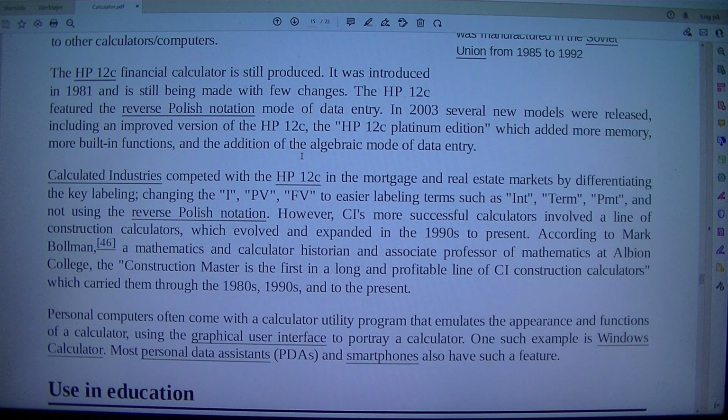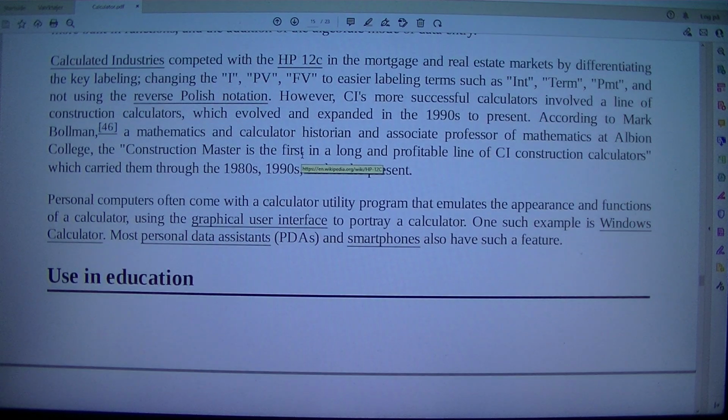Mode of data entry. Calculated Industries competed with the HP 12C in the mortgage and real estate markets by differentiating key labeling, changing the I, PV, FV to easier labeling terms such as int, term, PMT, and not using the reverse Polish notation. However, CI's more successful calculators involved a line of construction calculators, which evolved and expanded in the 1990s to present.